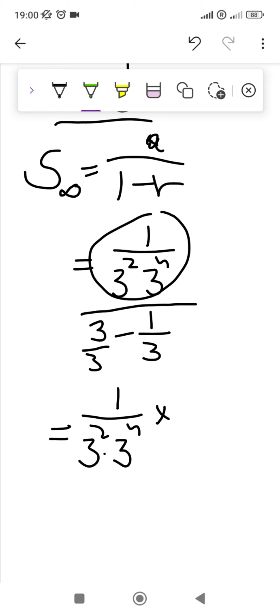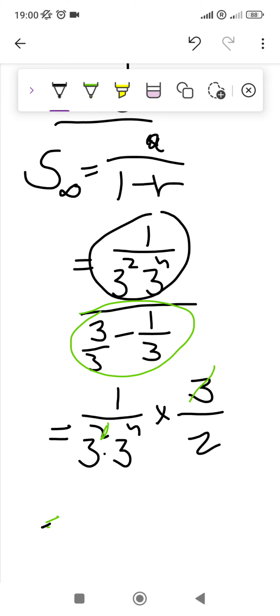If my denominator simplifies, that's going to be 2 divided by 3. The reciprocal of 2 divided by 3 is 3 divided by 2. So again, this 3 cancels with one of those. So what do I have left? I have 1 divided by 3 to the power of 1 times 3 to the power of n times 2.